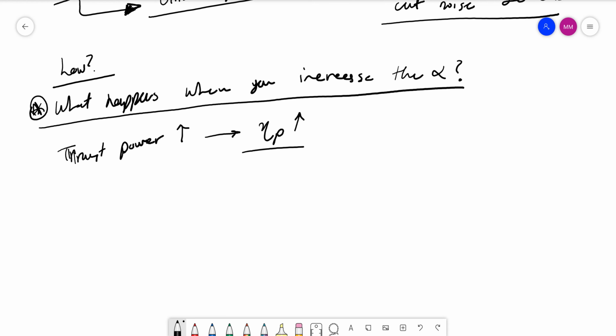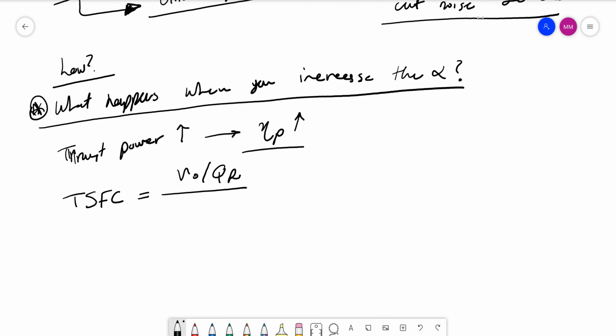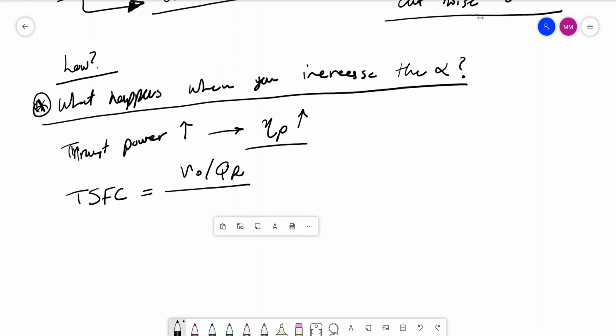So if you go back to your notes, you're going to see that we have this equation for TSFC. V0 divided by QR. This is one of the many equations that we have. V0 divided by QR divided by eta P divided by eta thermal.